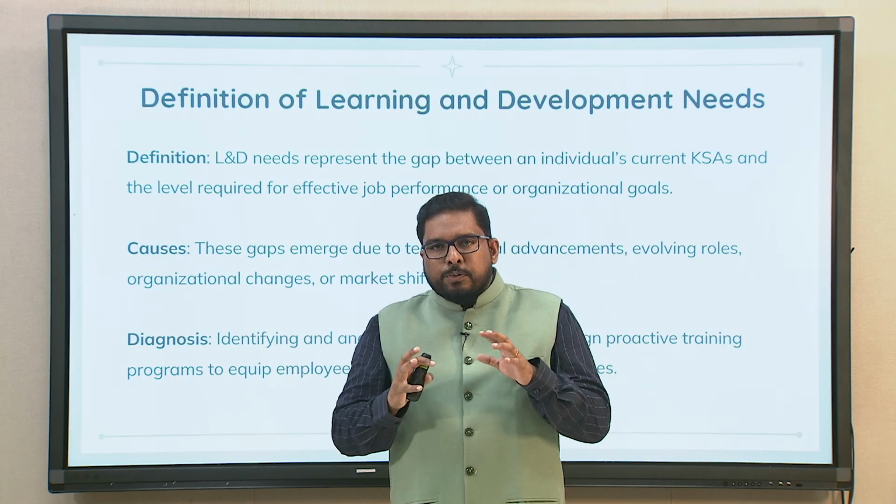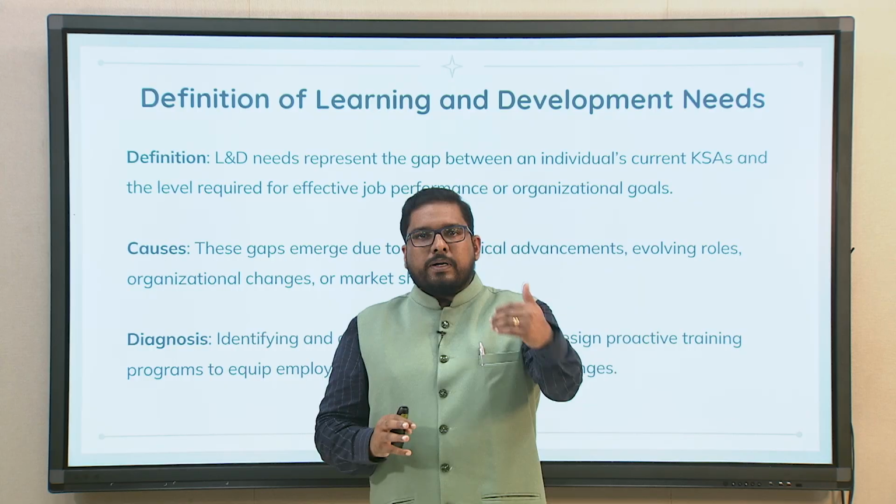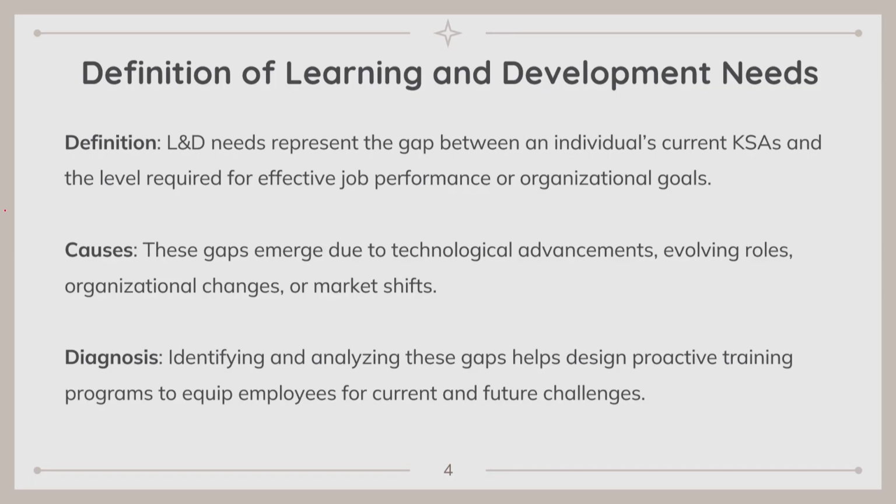Now, we have seen what learning and development is, but specific to L&D needs, they represent the gap between an individual's current knowledge, skills and abilities and the level required for effective job performance or organization goals.